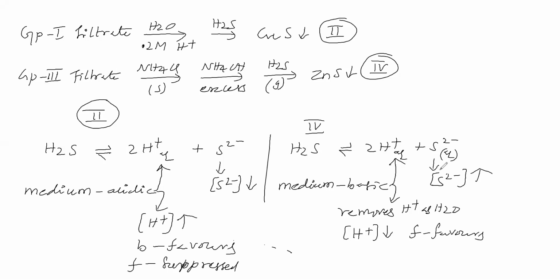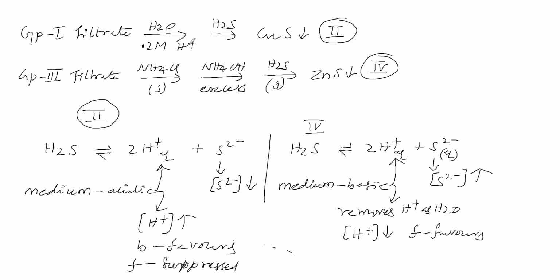At higher concentration of sulfide, the ionic product of group 4 cations exceeds the solubility product, so group 4 cations precipitate here. So to precipitate group 2 cations, a lower concentration of sulfide is required; to precipitate group 4 cations, a higher concentration of sulfide is required.